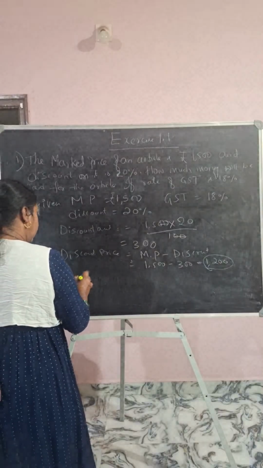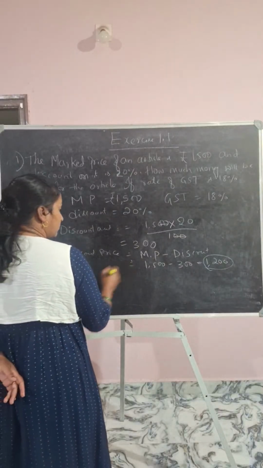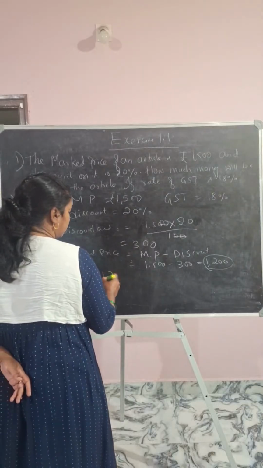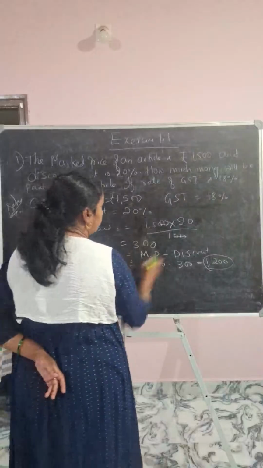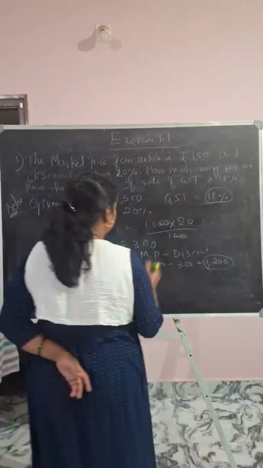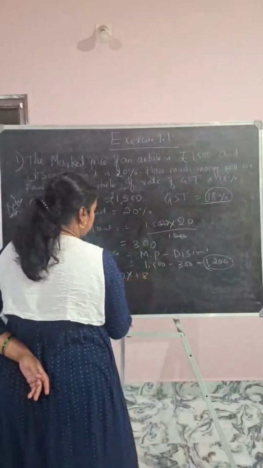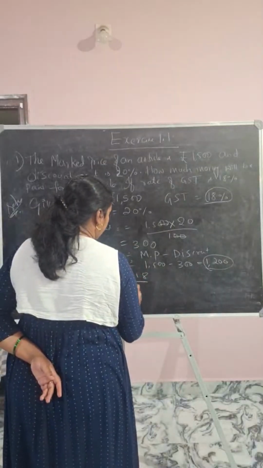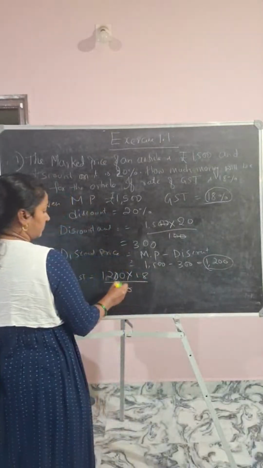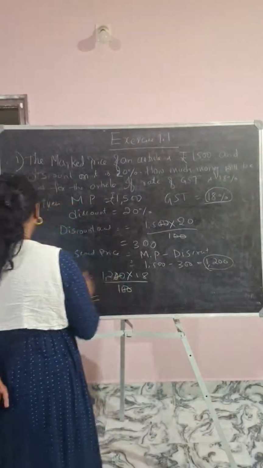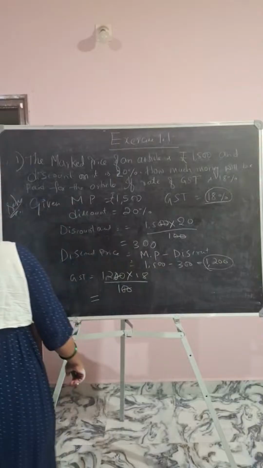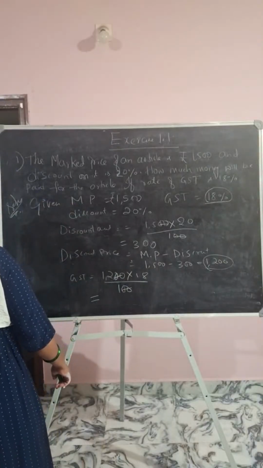So GST is equal to 1200 into, here they have given 18%, that means 18 divided by 100, which is equal to 18 into 12.